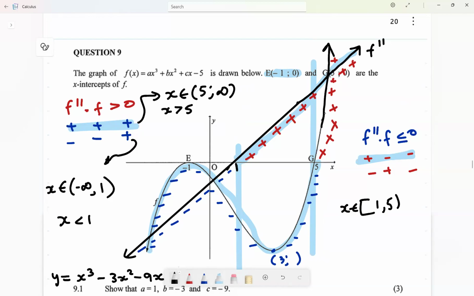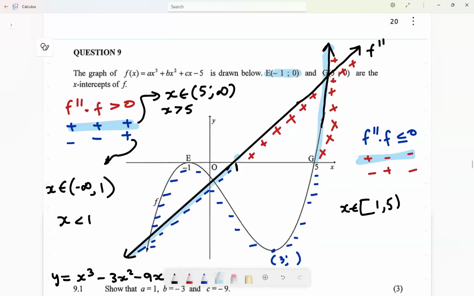1 and 5. Or another solution, if it's there and it's possible, where is f prime prime negative? F prime prime negative, I want to remove this one. F prime prime negative here, and f positive here.